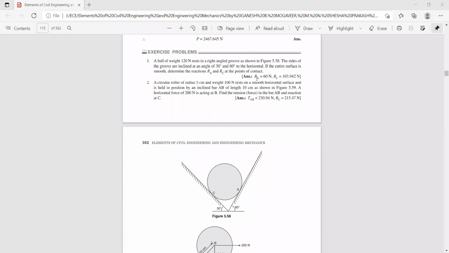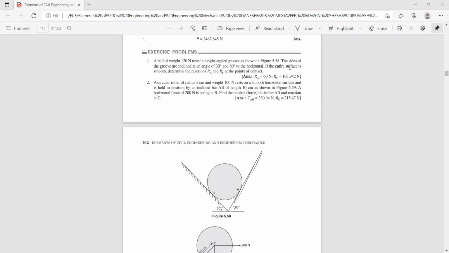Please tell me the answer and check whether the answers are correct. So according to this, RA is 60 Newton and RC is 103.942. Are the answers okay? Yes, sir.